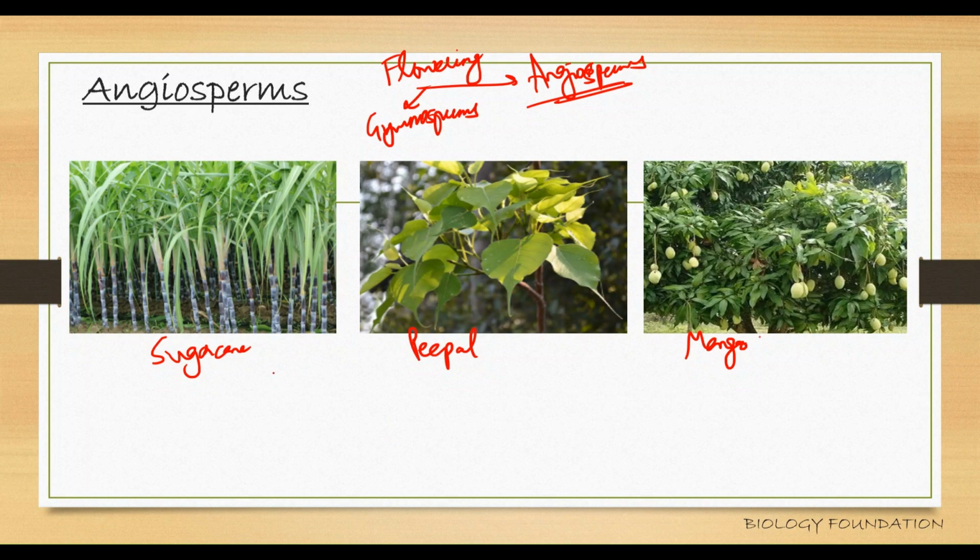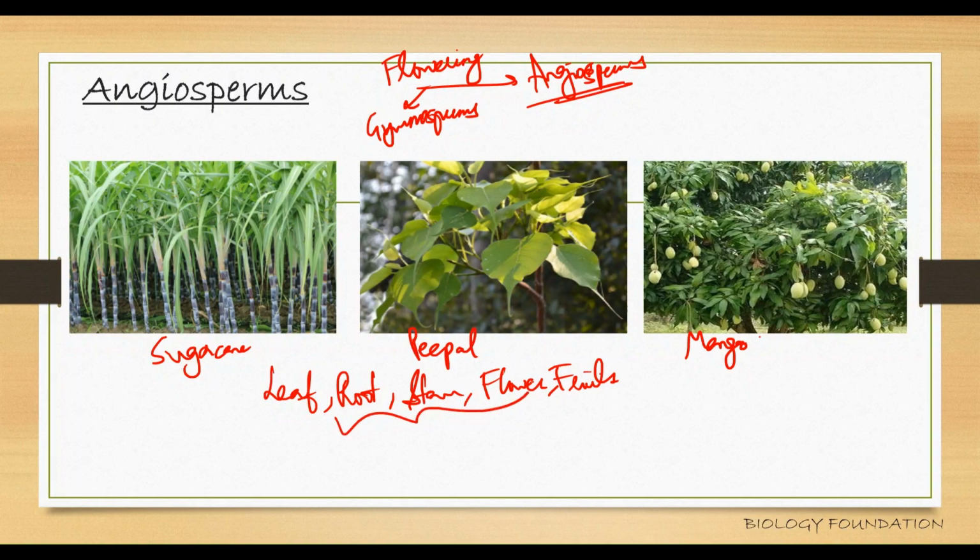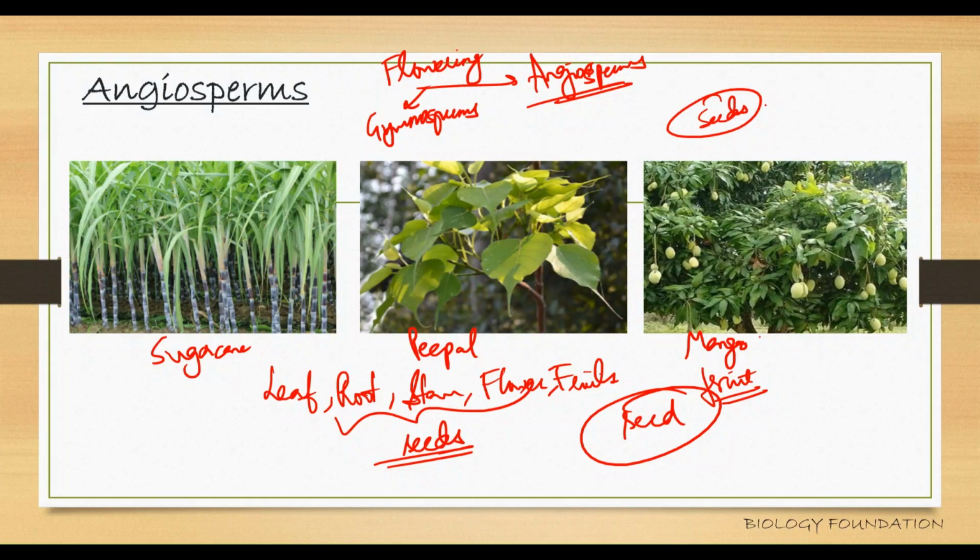Angiosperms have well developed leaf, root, stem, flower, and fruits. And these angiosperms produce seeds, and these seeds are present inside the fruit, unlike gymnosperms, where the seeds are exposed, not enclosed inside the fruit. And fruit is formed from the ovary.